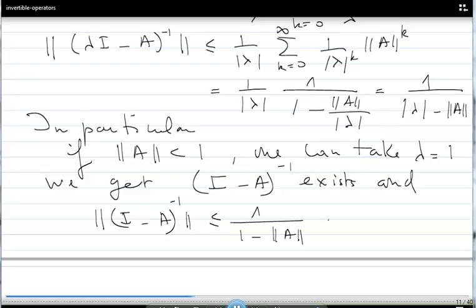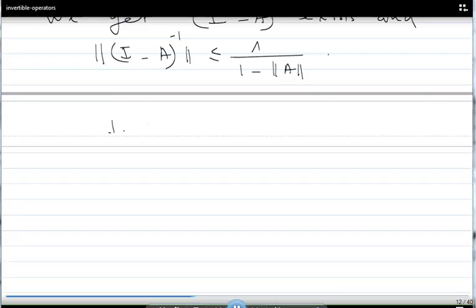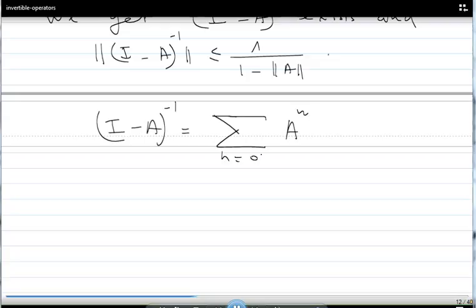Of course, we have still the same identity that I minus a inverse is equal to sigma of a to the power n from 0 to infinity, which is I plus a plus a squared, etc. Keep in mind the powers here are the composition, so this should not be understood as some kind of product. This is the composition that we're talking about.